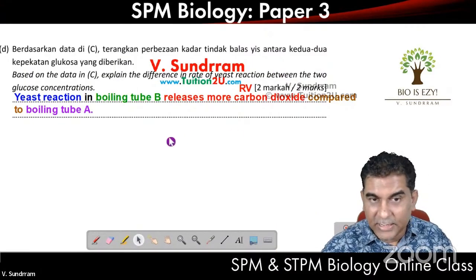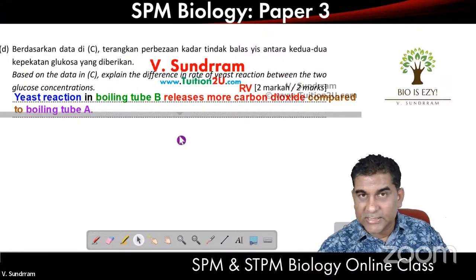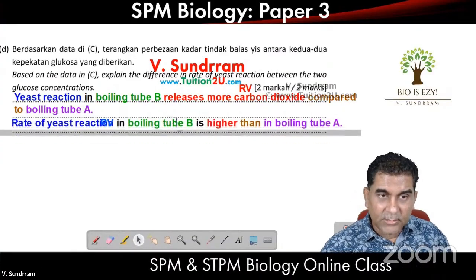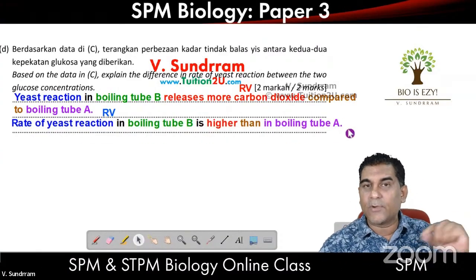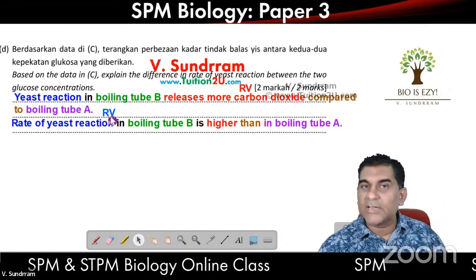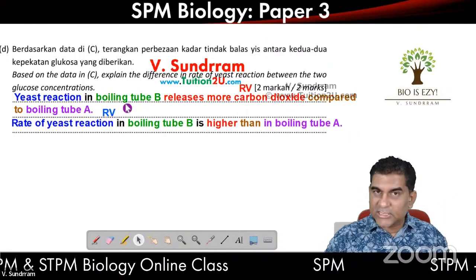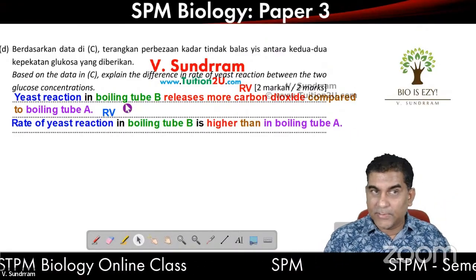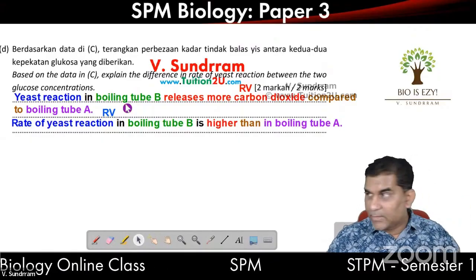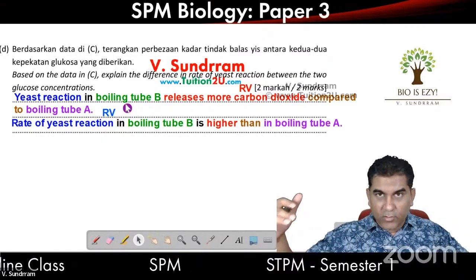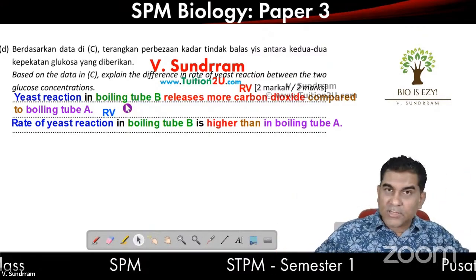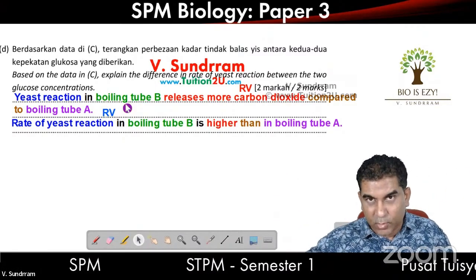So I'm writing another sentence which means exactly the same, which is the rate of yeast reaction in boiling tube B is higher than boiling tube A. Both are responding variables. In this experiment, there are 2 responding variables: rate of yeast reaction, and the number of bubbles released. I'm informing the examiner for test tube B, the number of bubbles are more, the rate of reaction is more.